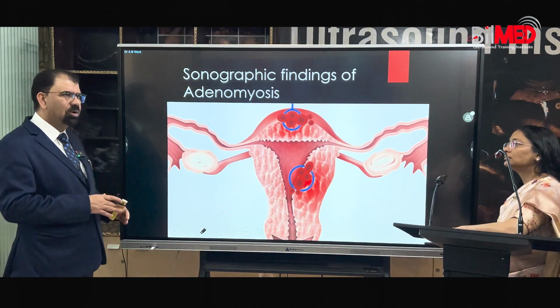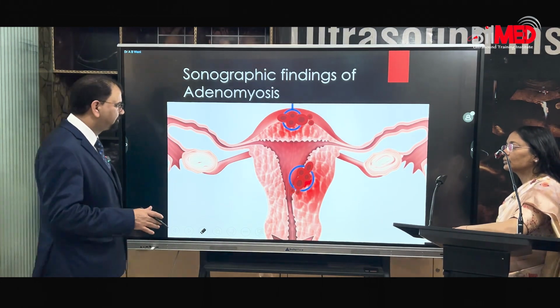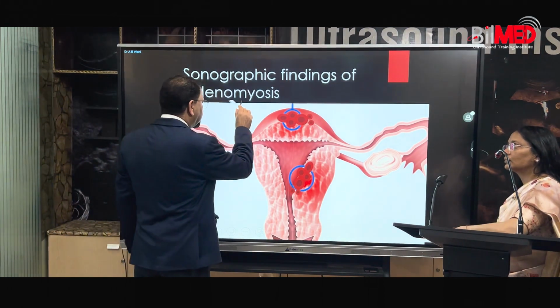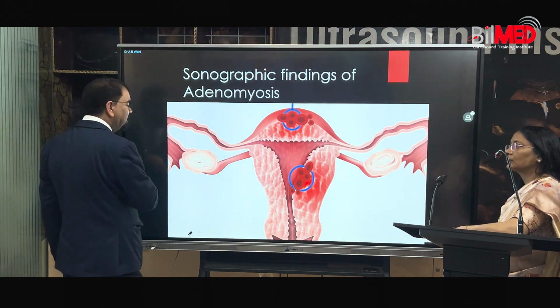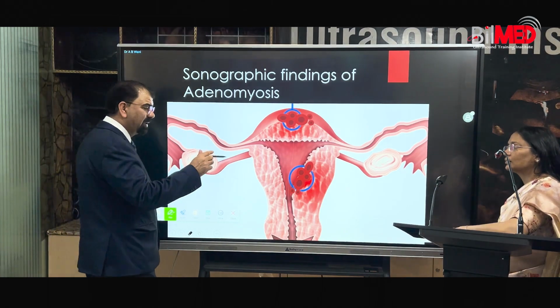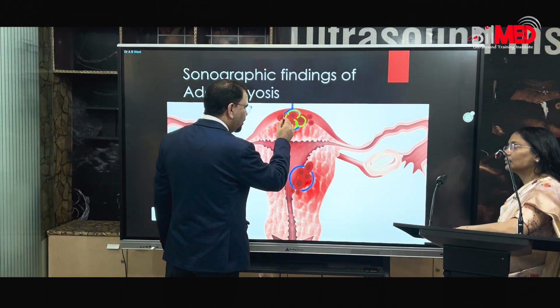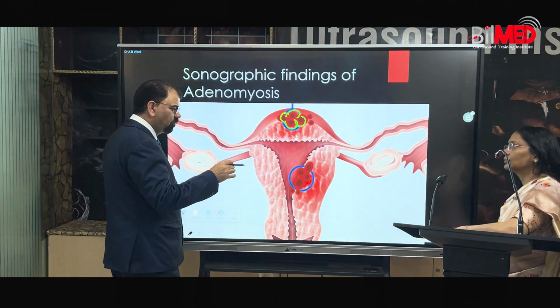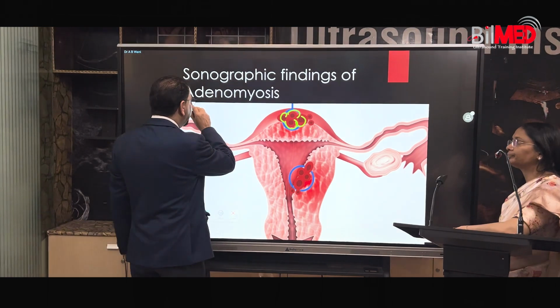If I don't know, I cannot. Now, when I say adenomyosis, what actually is adenomyosis? This adenomyosis is ectopic implanted endometrium, am I right? Which is located where? In the myometrium. That is adenomyosis.